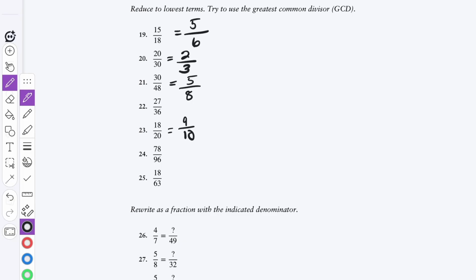And then the last one, 9 goes into both. So 2 over, that would be 6, right? 9 times, no, 7. So 2 over 7. Okay?